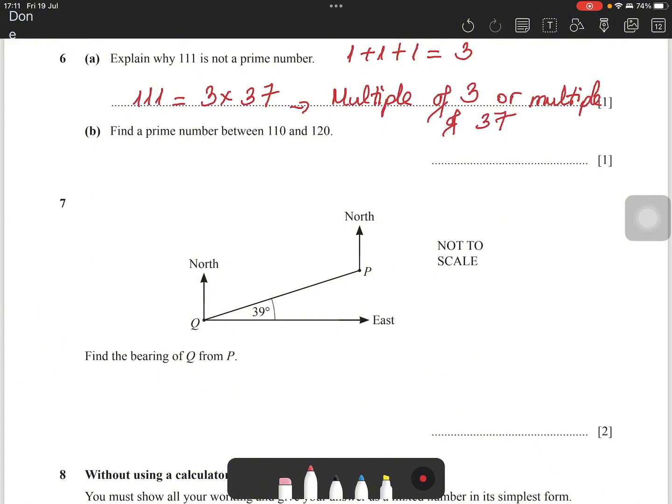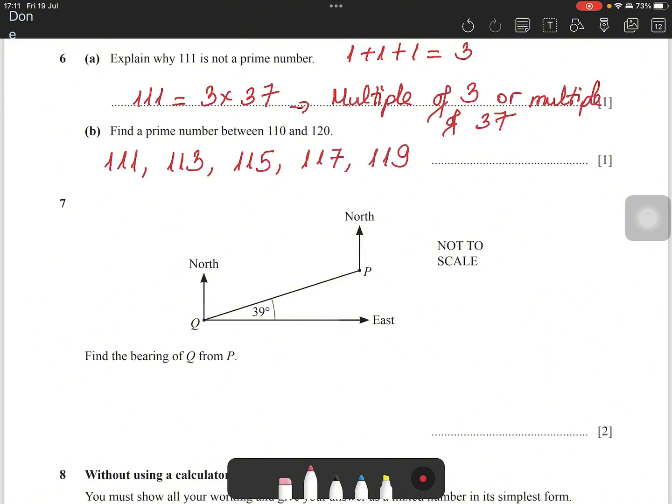B. Find a prime number between 110 and 120. First, we know that the prime number in this range should be an odd number because 2 is the only even prime number. So we'll check 111, 113, 115, 117, and 119.